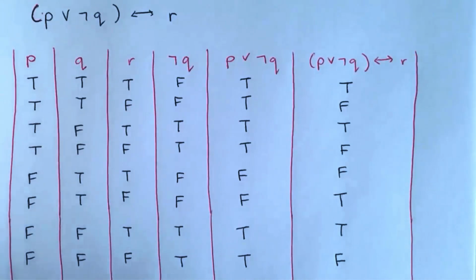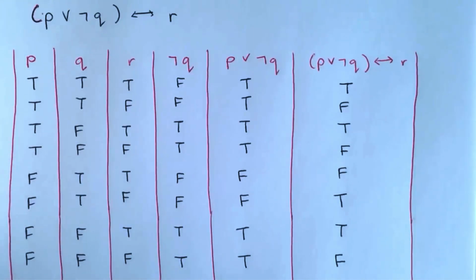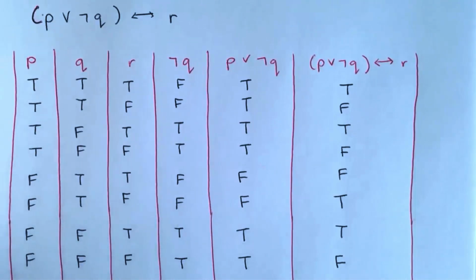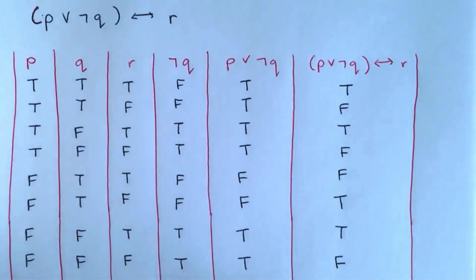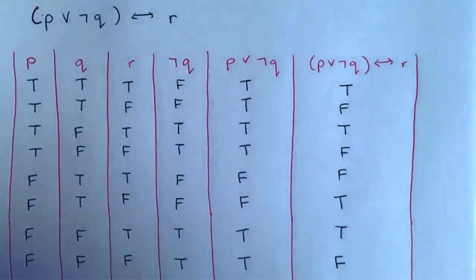Double true, that's true, true, or false, false, false, and true. That's also false. Double false, so we got a double, so that's true, true, and true. And we've got another double, so that's true, and then true and false, so that is also false.